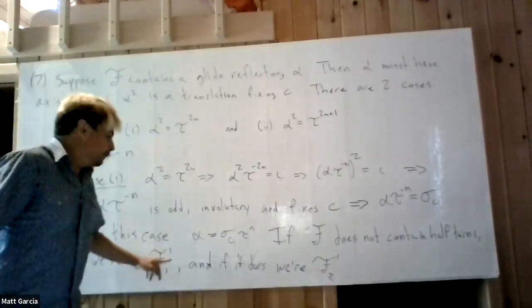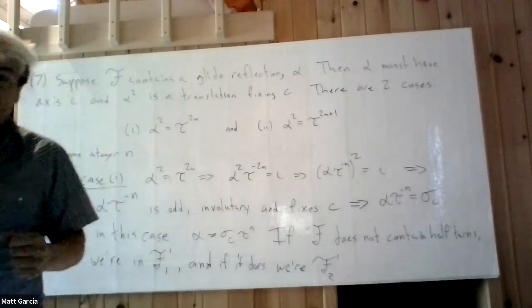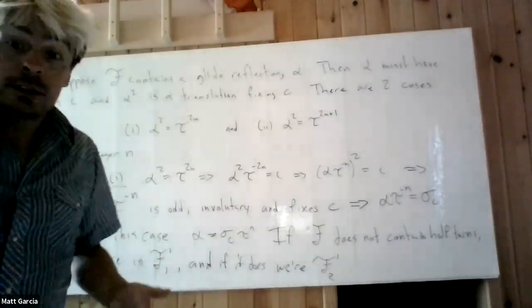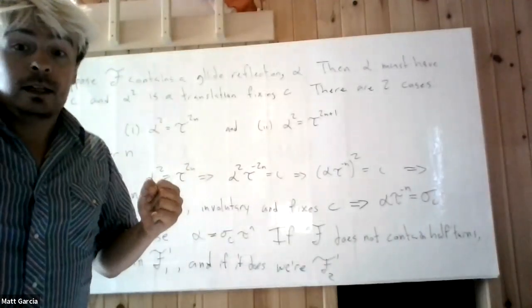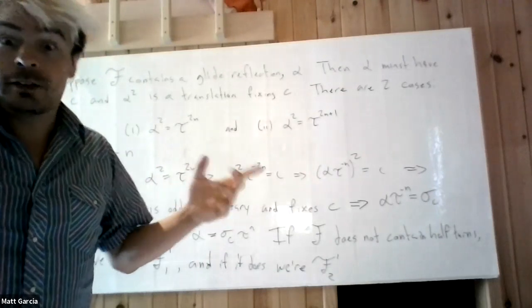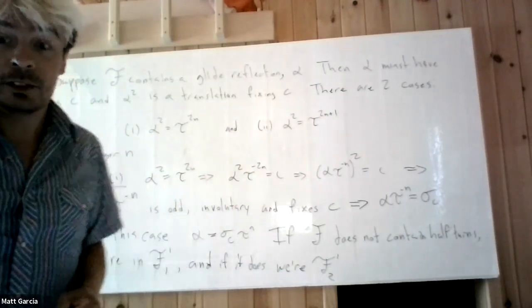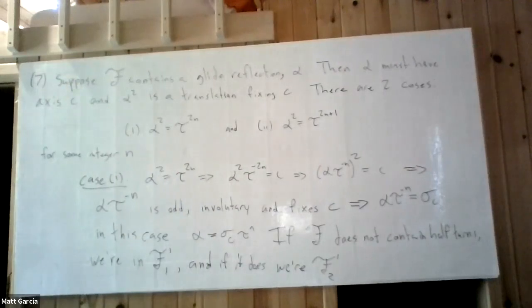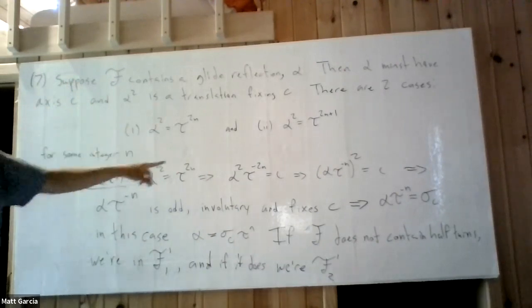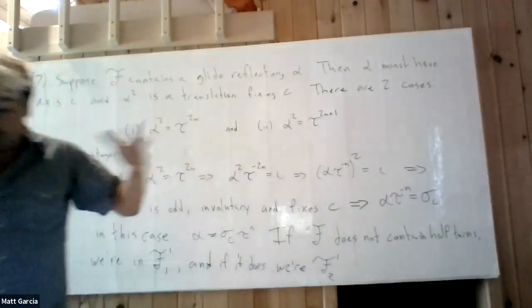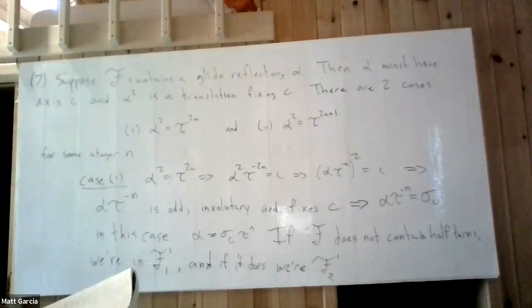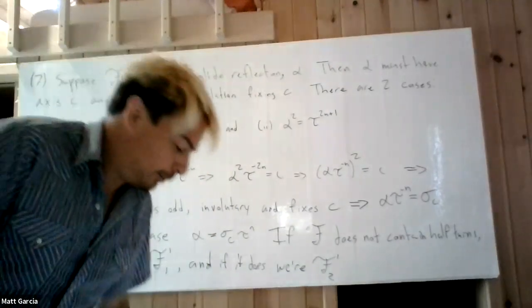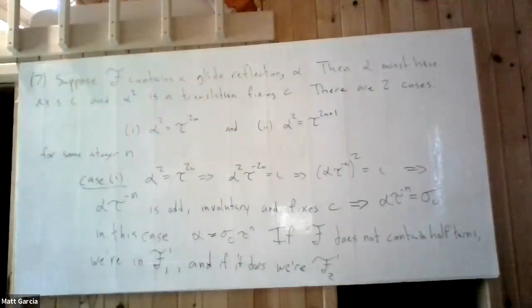Even though F11 and F21 contain glide reflections, we're not able to write them as having generators, any of which are glide reflections. Okay. So again, once we finish case double I here, we'll go back and say a little more about that. But just run that as a background process in the meantime.